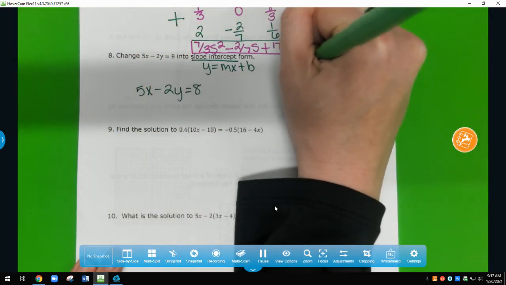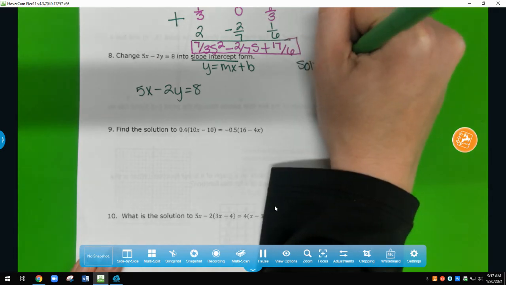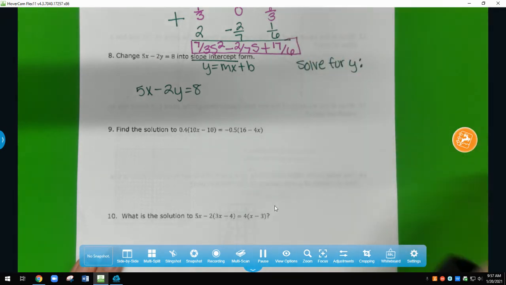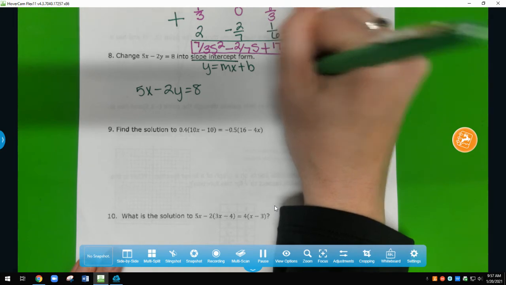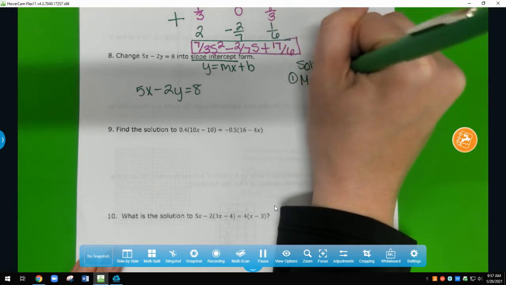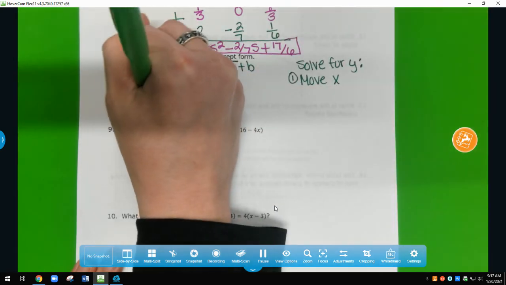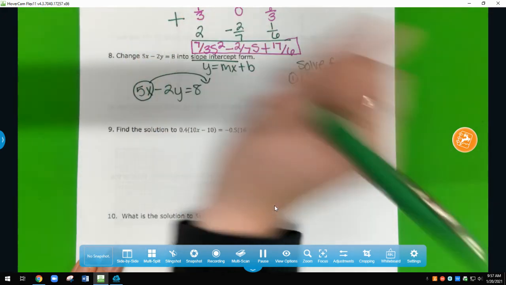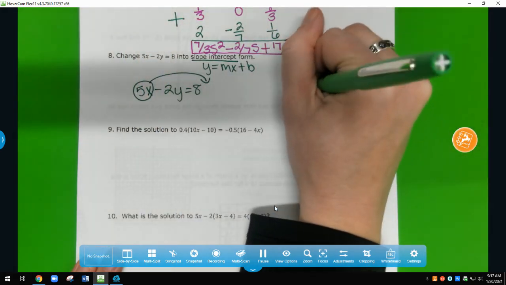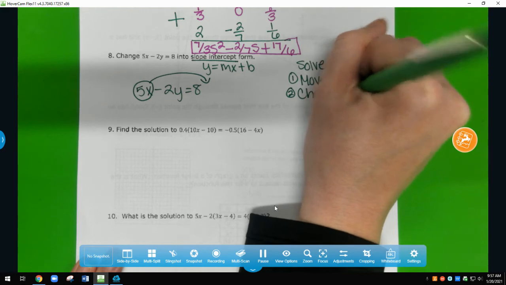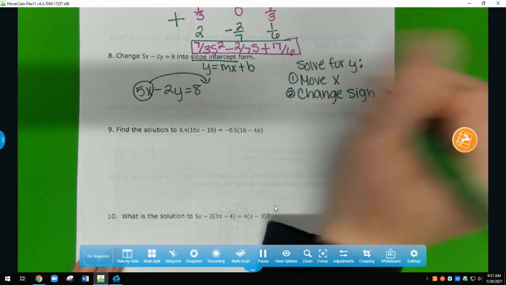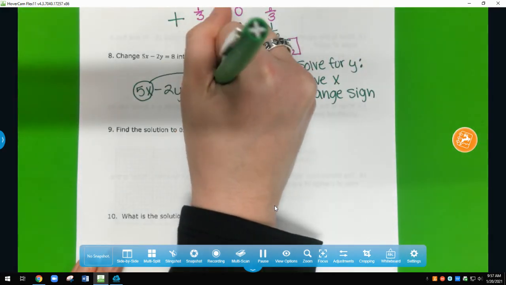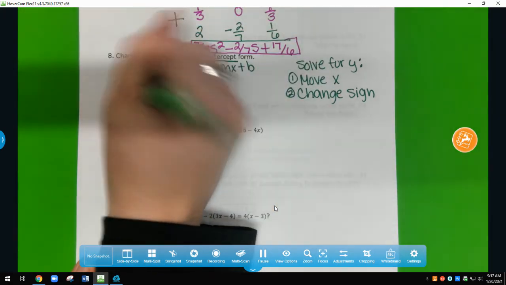So remember, to solve for y, we're going to move the x. So move the x. When I move it, I change the sign. So instead of a positive, it's going to be a minus 5x.